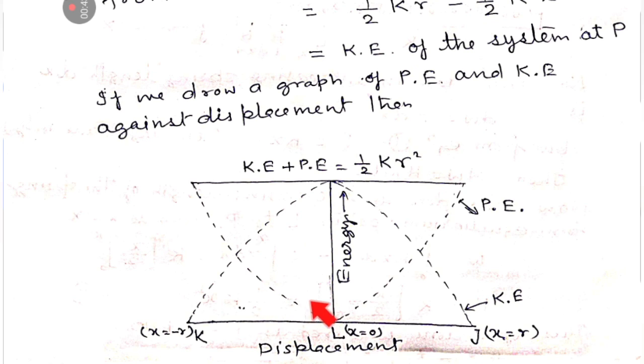Kinetic energy at the extreme position is 0, but at the equilibrium position is maximum. But the kinetic energy plus potential energy always remains constant, so their graph is a straight line parallel to the displacement axis.